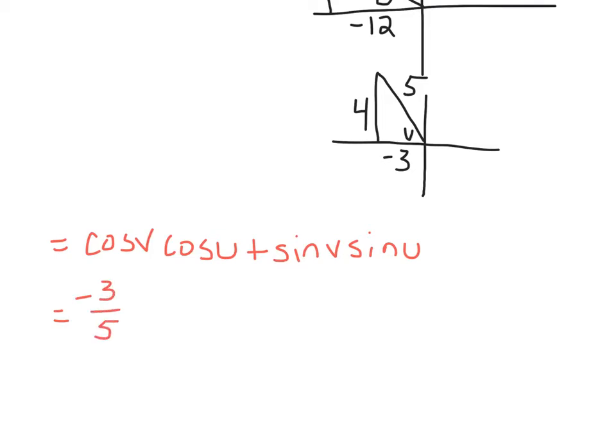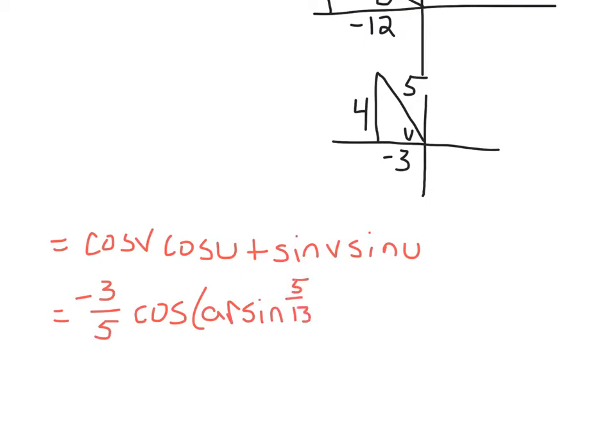And then we have this cosine of U, but we don't really know what the cosine of U is right off the bat, and maybe you can see it already. But the proper step would be to write it as cosine of arcsine, because that was the information we had, of 5 over 13.